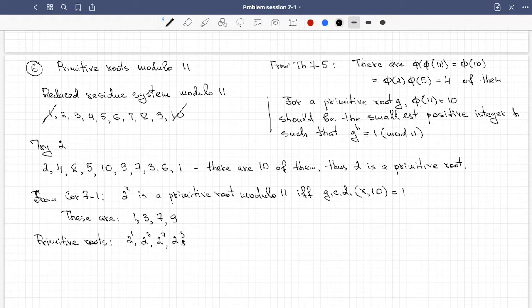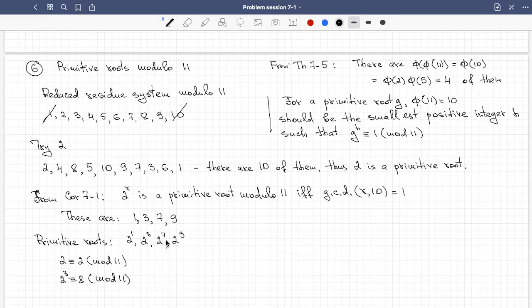It is probably better to find who they are here. 2 to the 1 is congruent to 2 mod 11. 2 to the 3 is 8 mod 11.